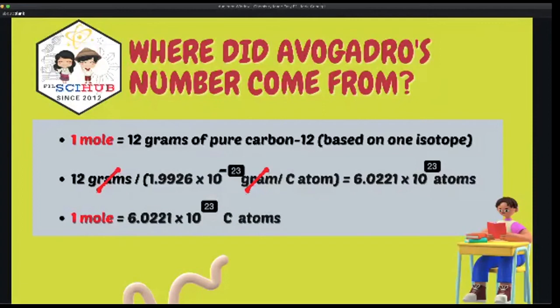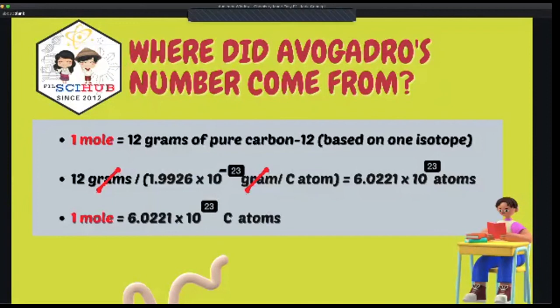So some of you might be wondering, sir, hindi po eksakto yung binigay niyong value, ang dami pong decimal places. So I think sa high school naman, it's okay if you use itong rounded up na version. And FYI po, just to give you an idea, ang value ng Avogadro's number, it keeps changing over time. Why is that? Kasi yung sensitivity and accuracy ng ating mass spectrometer, tumataas siya ng tumataas.